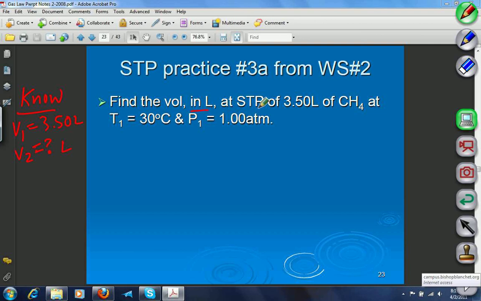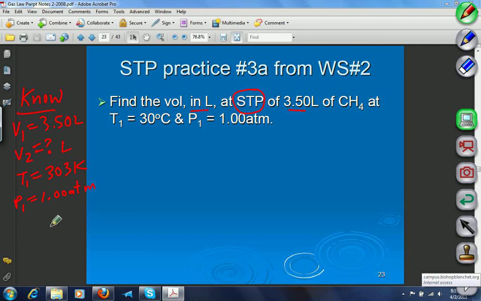Another thing I know is, let's look here. I'm trying to find volumes in liters, and I was given that volume, and I have a T1, which is 30 degrees Celsius. If you add 273, you get 303 K. And I know pressure 1, which is 1 atmosphere.